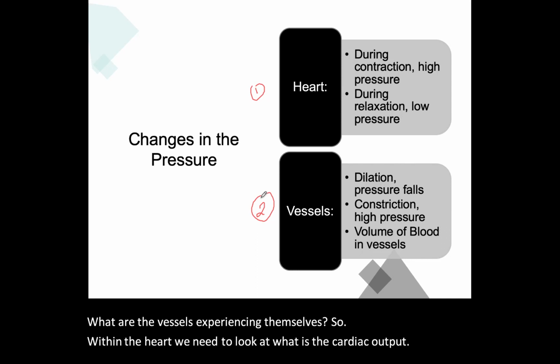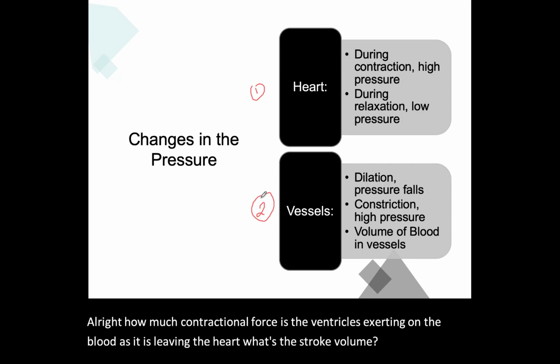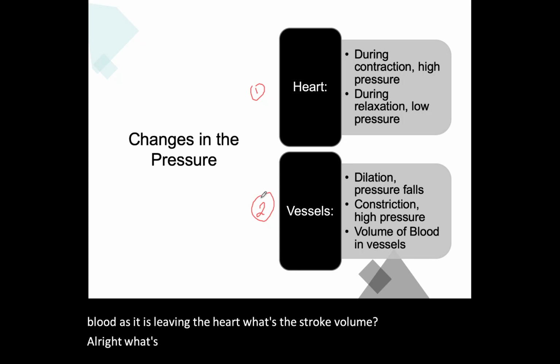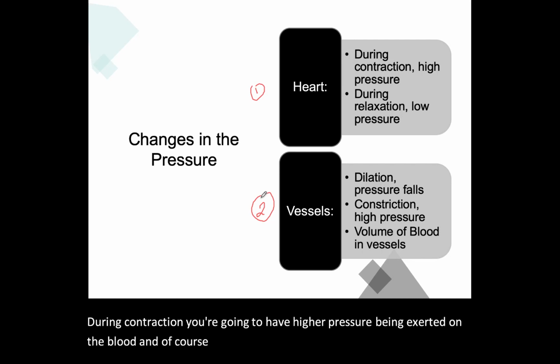How much contractional force is the ventricles exerting on the blood as it is leaving the heart? What's the stroke volume? All right. During contraction, you're going to have higher pressure being exerted on the blood. And of course, during diastole, you're going to have lower pressure exerted on the blood. All right.